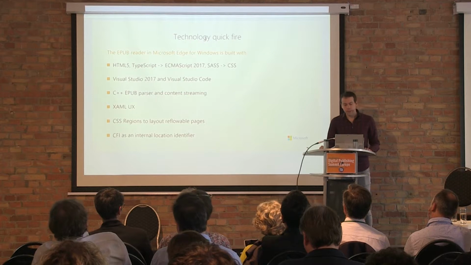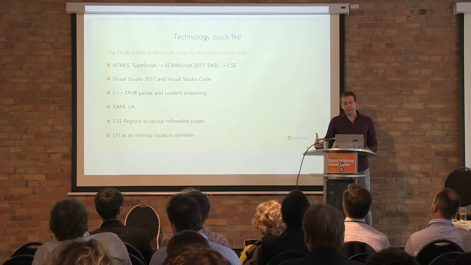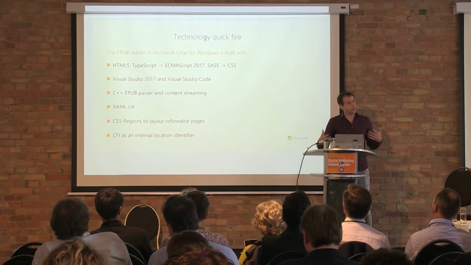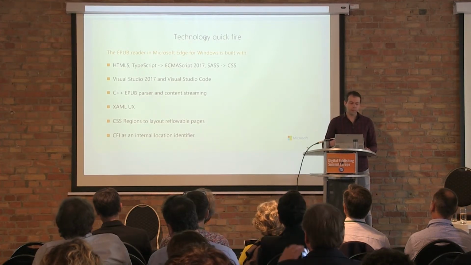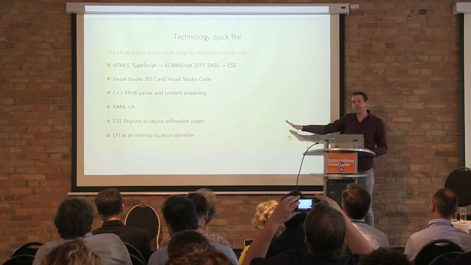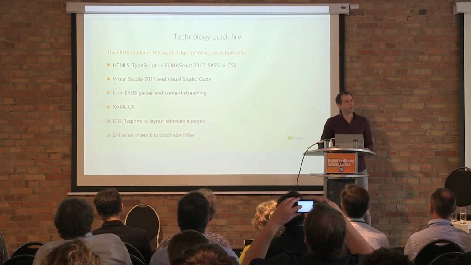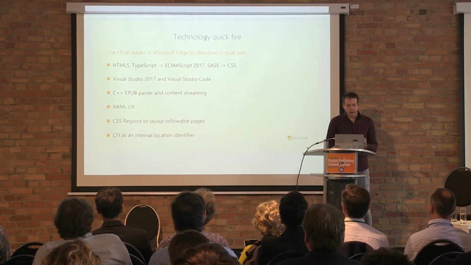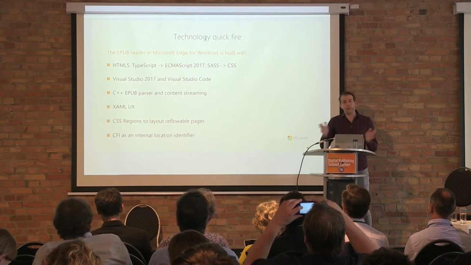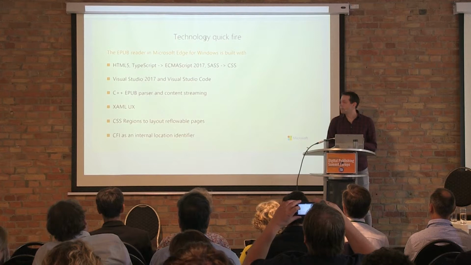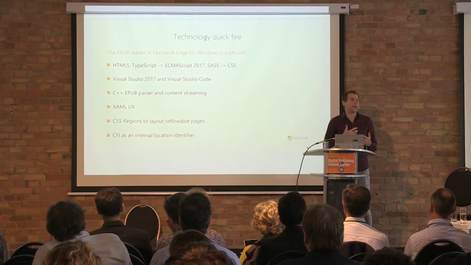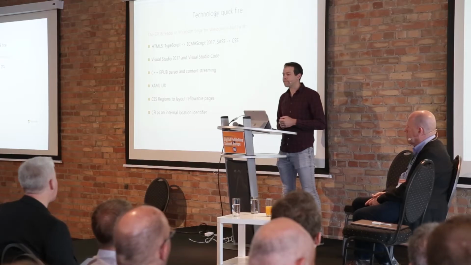Our parsing is done in C++, as well as our content streaming. We use XAML to build our UX, the table of contents, the bookmarks, and so on. We use CSS regions, which is a little unique because they're not supported widely across browsers, as our mechanism to lay out reflowable content. And finally, internally, we use EPUB CFIs as our internal navigation scheme inside of our EPUB reader.